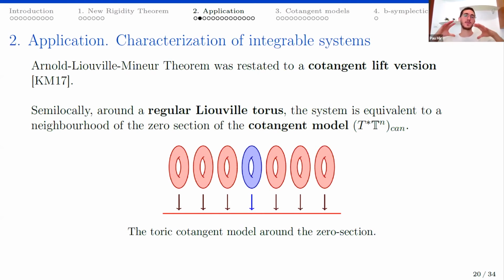So you can think that in a regular leaf, in a regular fiber, you have a cotangent model, which is the classical canonical cotangent model. So it's another way of seeing the Liouville-Mineur theorem, which we will use in a proof later, in a proof of a theorem in integrable systems.